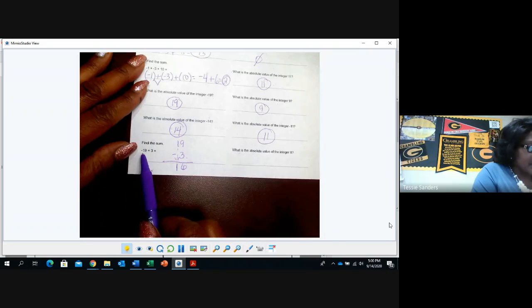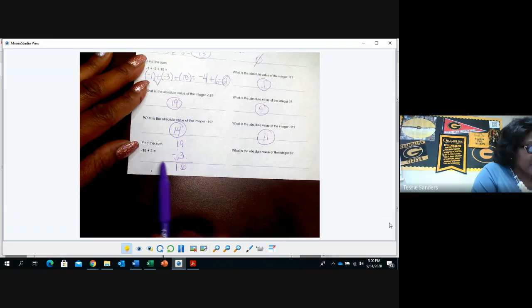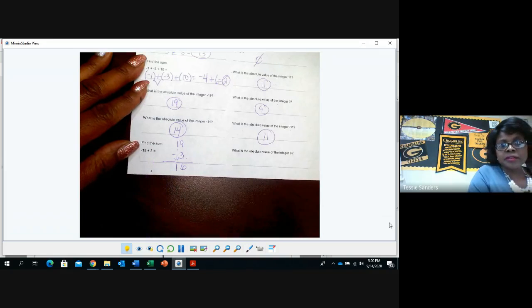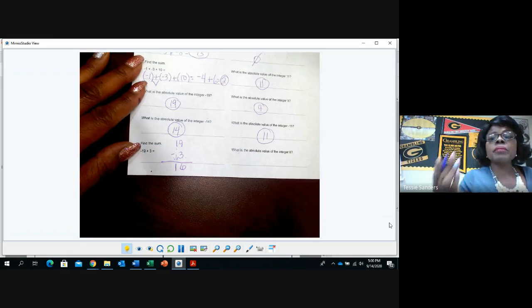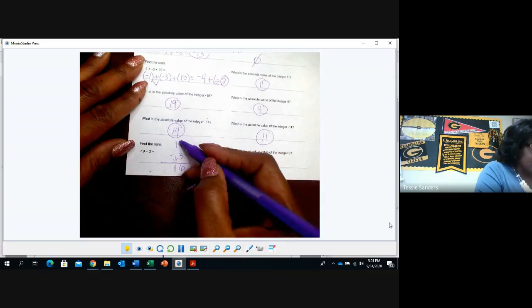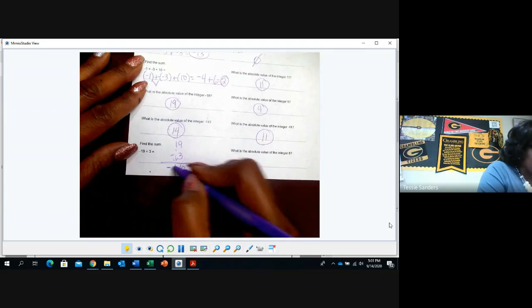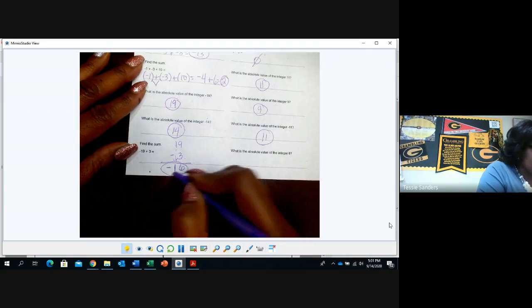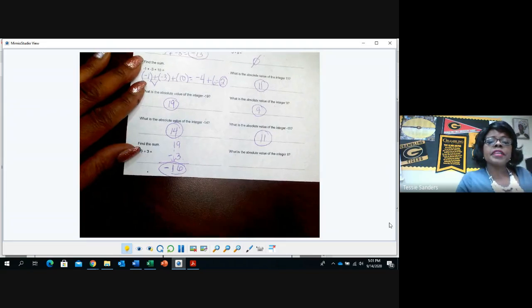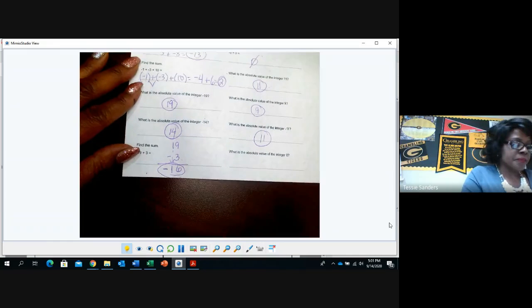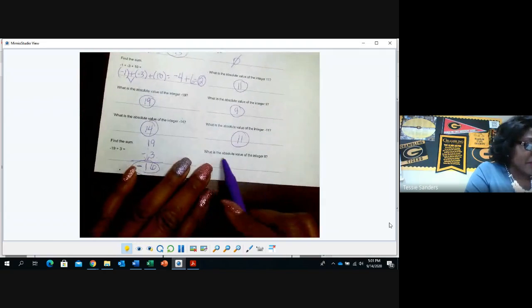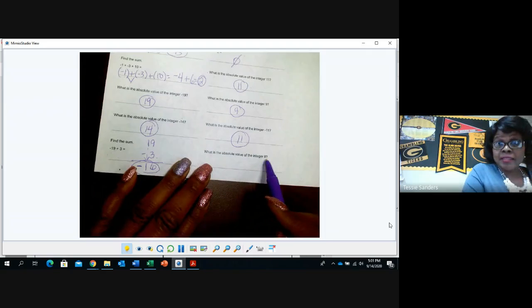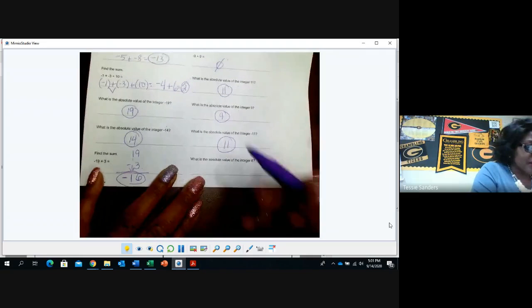Now, will it be -16 or +16? Which is the larger number? 19. So it will be -16. That's the answer, -16. What is the absolute value of the integer 8? It's 8.